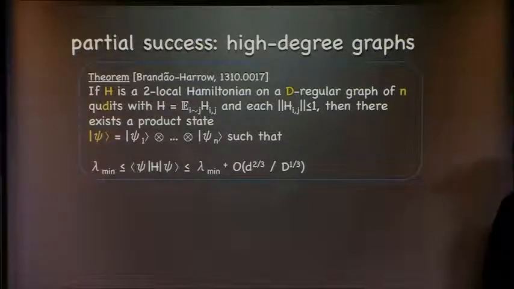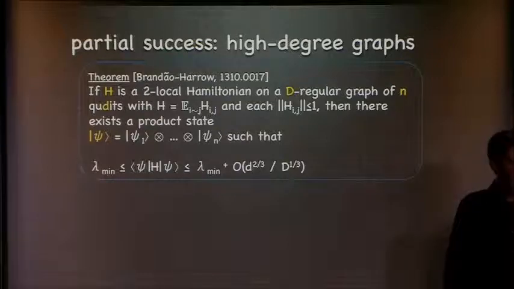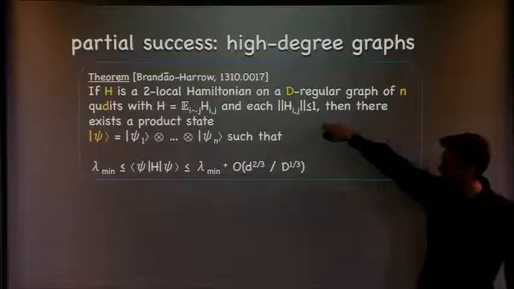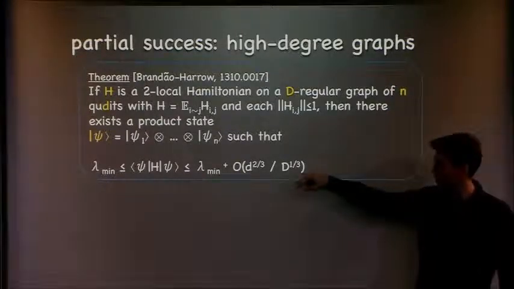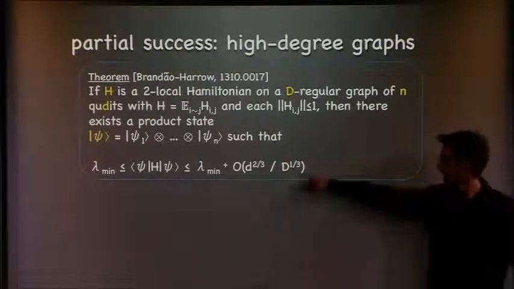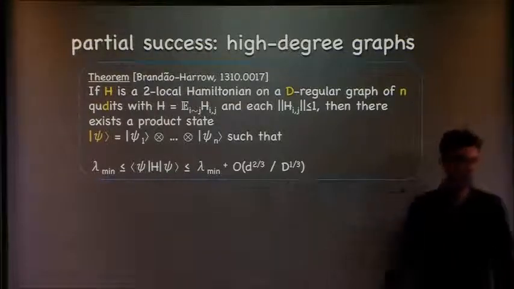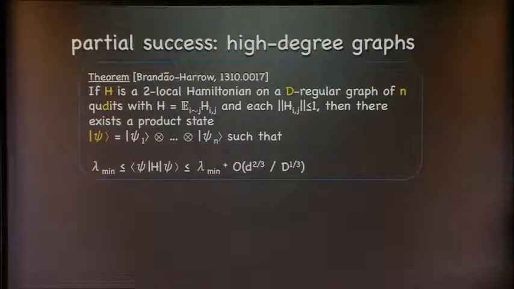What you can show is that even though ground states of Hamiltonians in general can be entangled, in this case you can get an approximation that's a product state. There's 0 entanglement. And the approximation quality goes like 1 over the cube root of the degree. So as the degree gets large, there's a better and better product state approximation to the ground state energy.